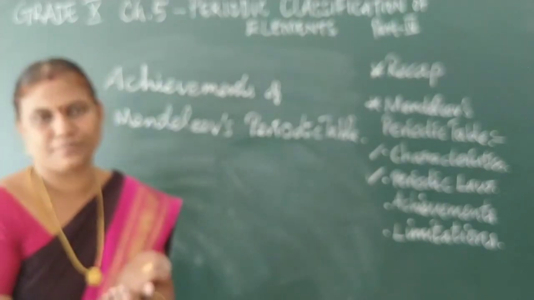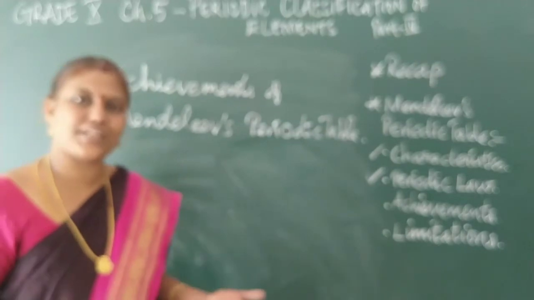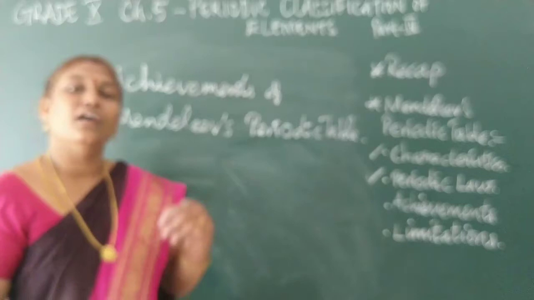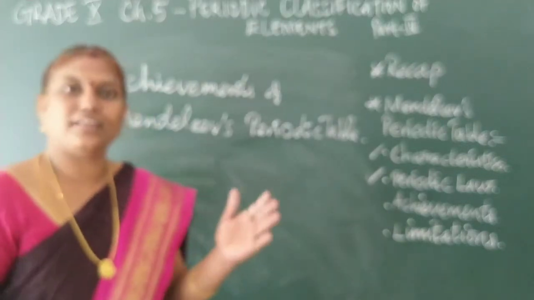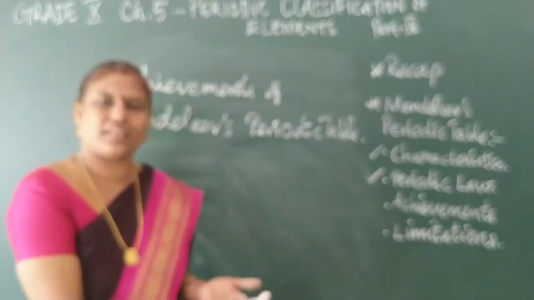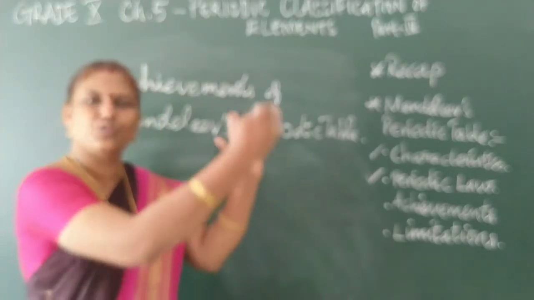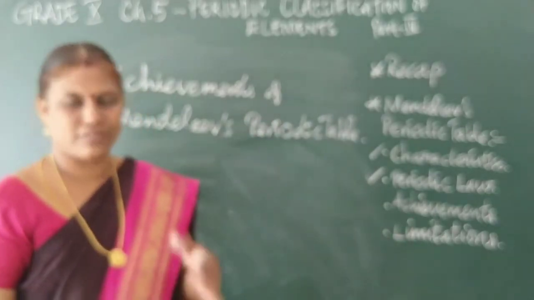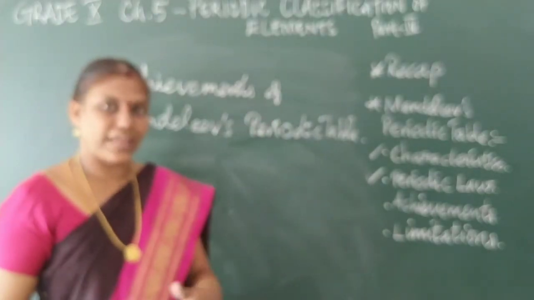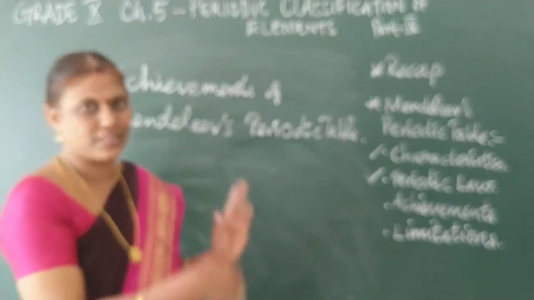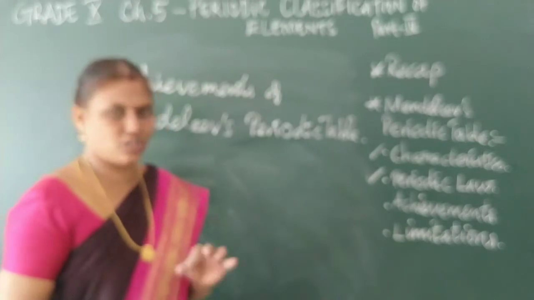Noble gases will not react with hydrogen and oxygen because they are stable. When they were discovered, they took a separate place because they do not react with oxygen and hydrogen. So it was easy to group them separately in a tabular column, which we will see. So the noble gases which were discovered helped them to group them separately. These are the three achievements.